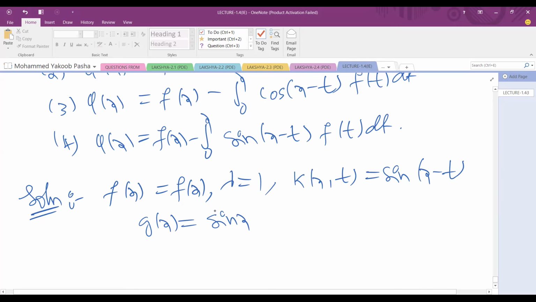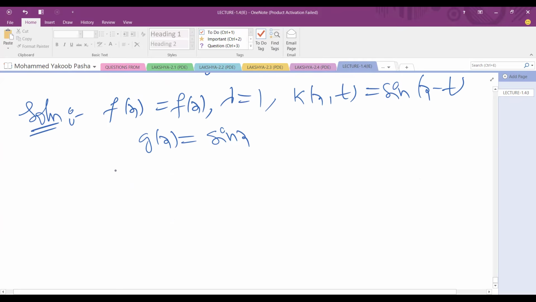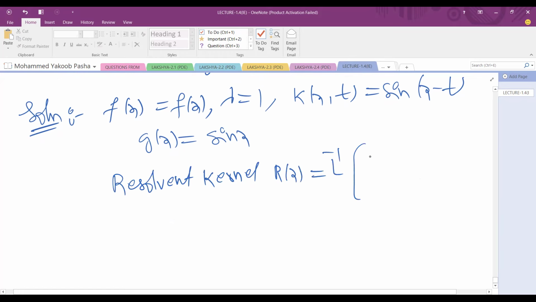Now find a resultant kernel. That is r of x. A resultant kernel r of x is equal to, what is the formula? Inverse Laplacian of g of x divided by 1 minus lambda into Laplacian of g of x.